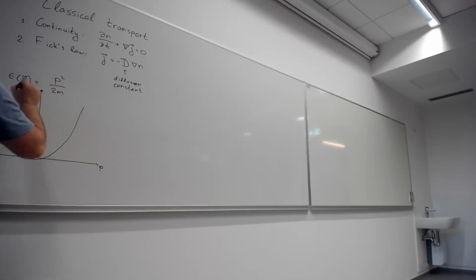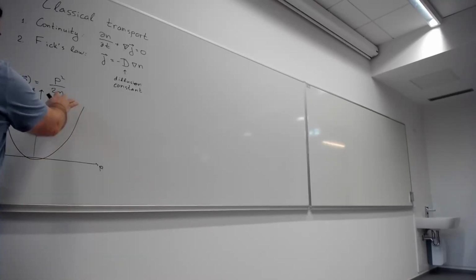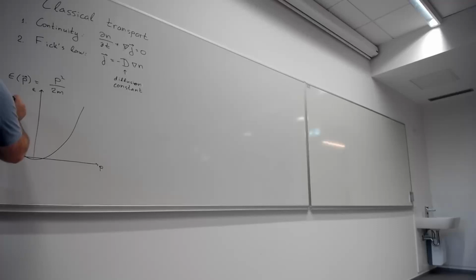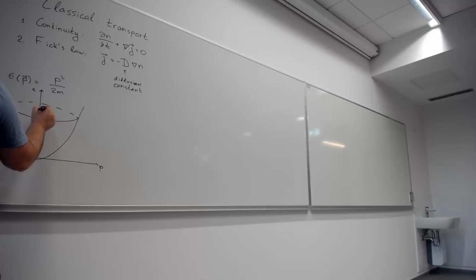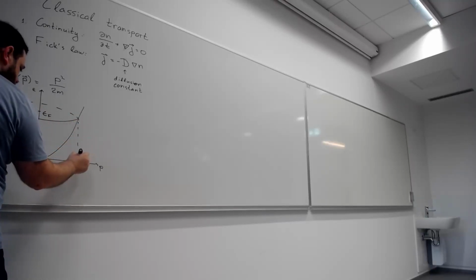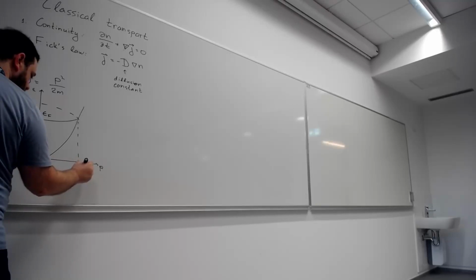And a metal is, in a metal we have many electrons, which means that all the states with all momenta are filled up to some level. This level is called the Fermi energy, and the corresponding momentum is called the Fermi momentum.